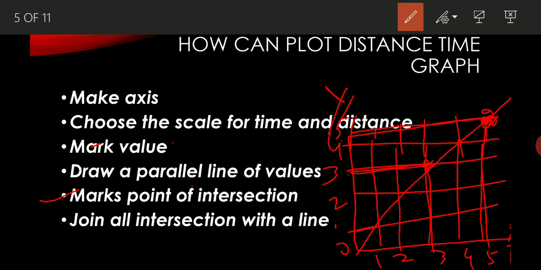So first mark the value on the x axis, 1 centimeter is equal to this, and on the y axis 1 centimeter is equal to this much. Clear? You have just made the scale. Now you have to mark the values which are always given in the question. Then draw parallel lines like this, mark the point of intersection and join them. You will get a plot of distance time.